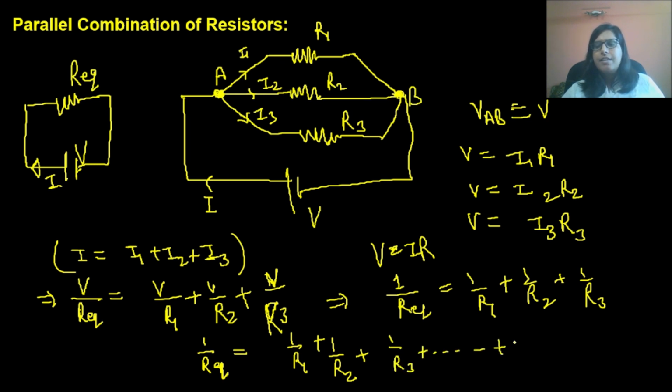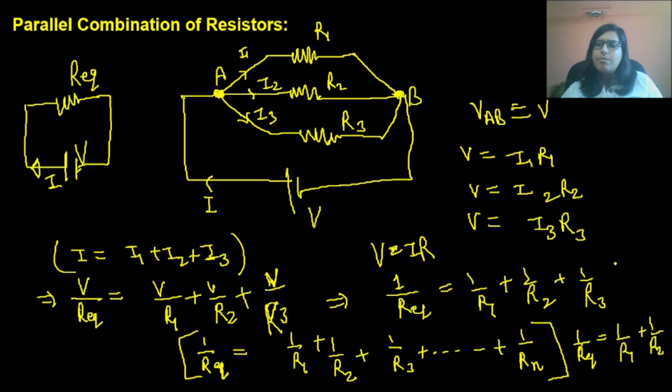If n resistors are connected in parallel combination, then this will become like this. For two resistors, this formula will be 1 upon R equivalent equals 1 upon R1 plus 1 upon R2. So this becomes R equivalent equals R1 R2 upon R1 plus R2.